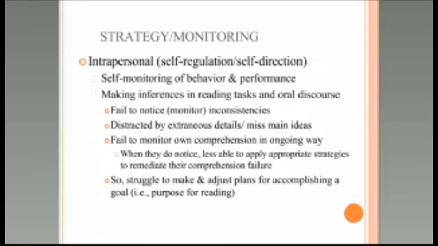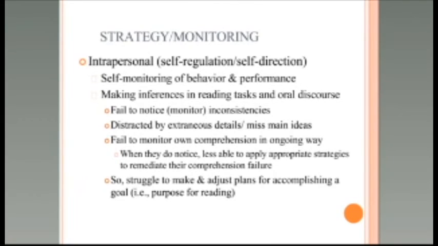Again, when you think about interpersonal or social difficulties, you see difficulties with self-regulation and self-direction of social and interpersonal behavior, related to weaknesses in self-monitoring their behavior and their own performance, and weaknesses making inferences in reading tasks and oral discourse or oral conversation. They're less likely to notice and monitor inconsistencies in the information provided. They're apt to be distracted by extraneous details and therefore miss the main ideas in reading or social context. They're less likely to monitor their own comprehension in an ongoing way.